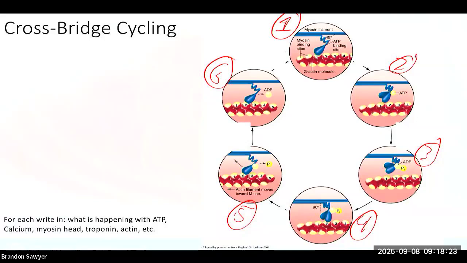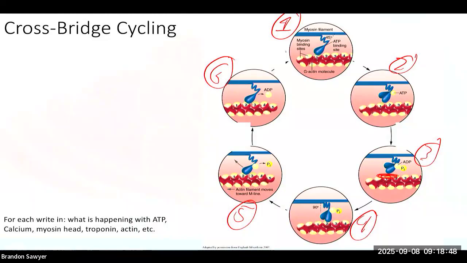So that new ATP comes, okay? And the difference between here and here, we just see that ATP is becoming ADP and phosphate. So the myosin ATPase did its job, broke down ATP into ADP and phosphate with that hydrolysis reaction. Okay, and then we see that detaching there, right? That's the big difference.